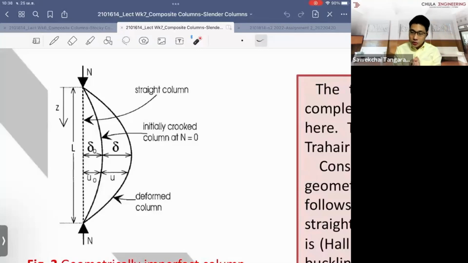But because it's too slender, rather than deforming along the line, it starts to form out of plane actions, and we call the small delta this out of plane deformation.